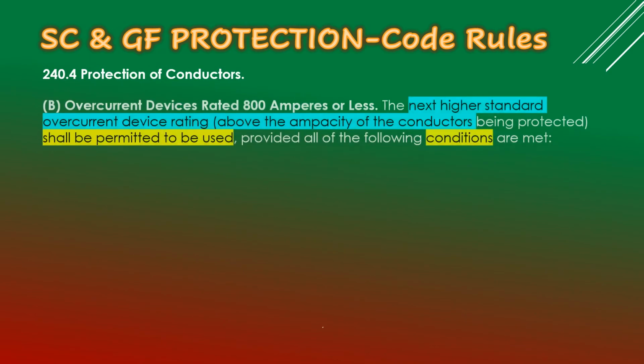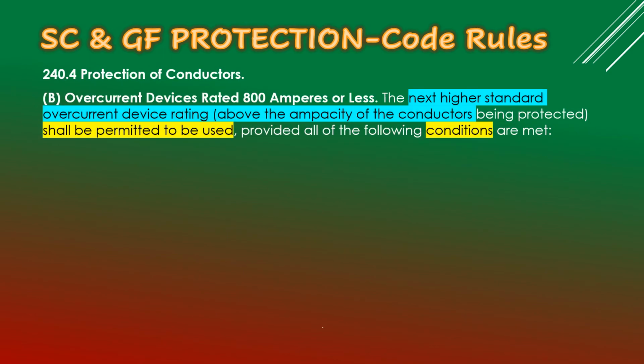Protection of conductors, 240.4(B). Overcurrent devices rated 800 amperes or less. The next higher standard overcurrent device rating above the ampacity of the conductors being protected shall be permitted to be used, provided all the following conditions are met.